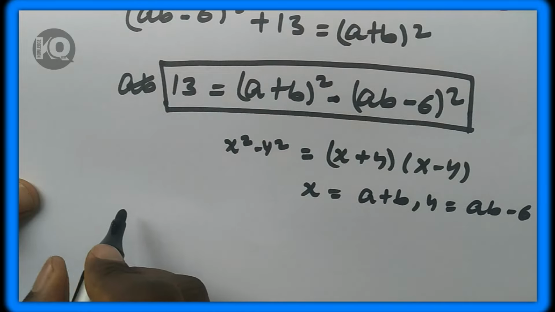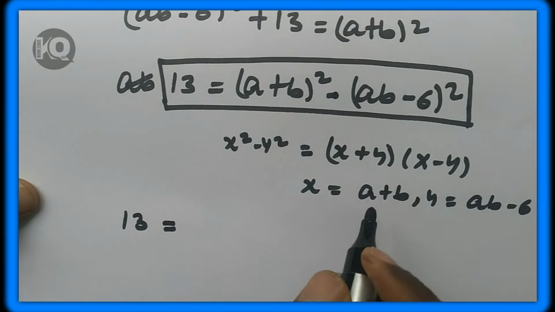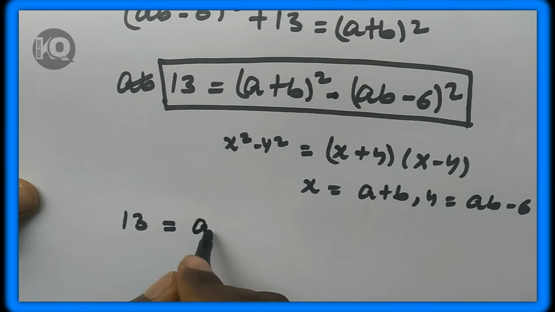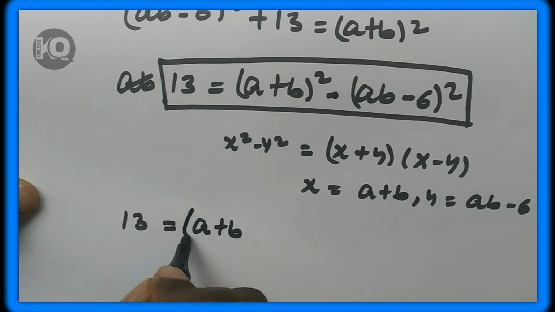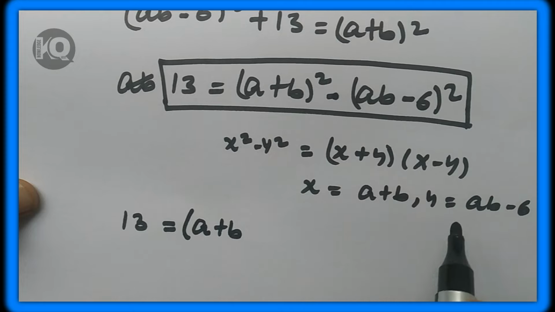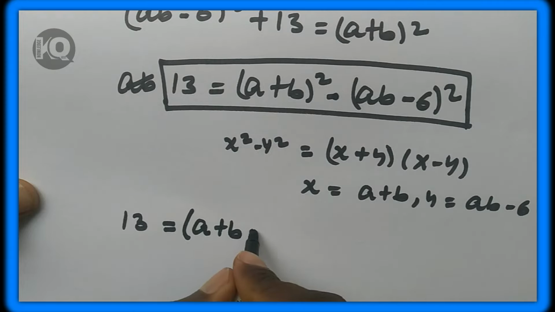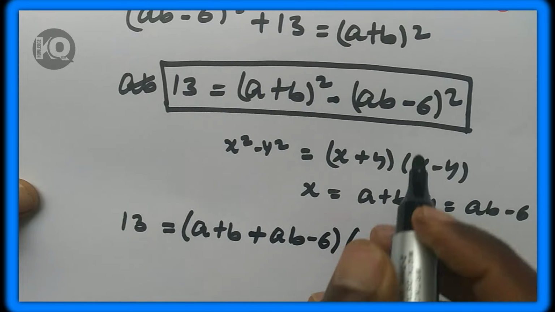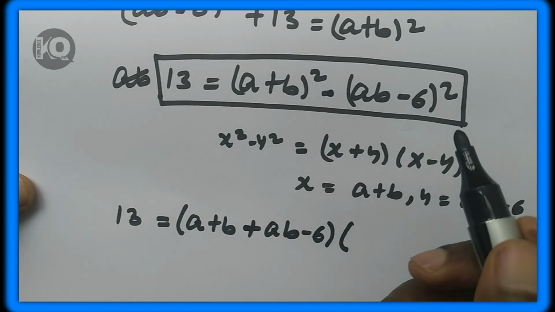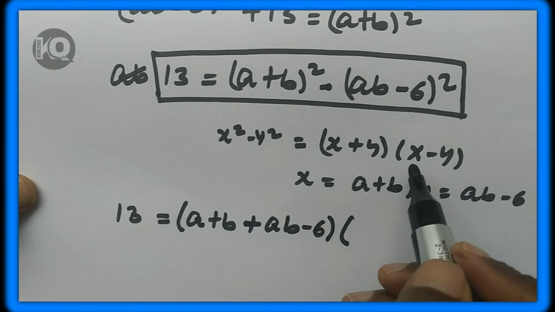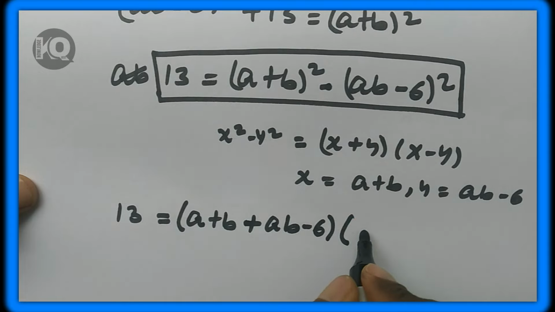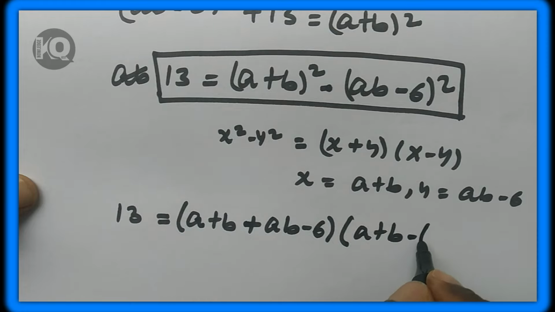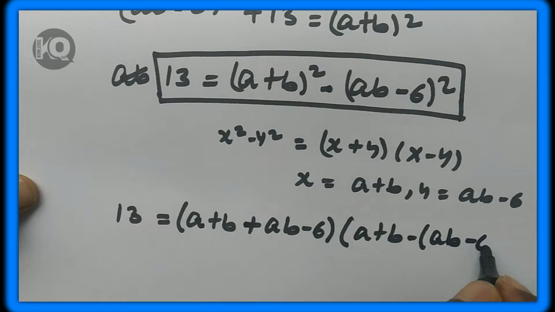So this will be 13, which is equal to (x + y)(x − y), where x is a + b and y is ab − 6.